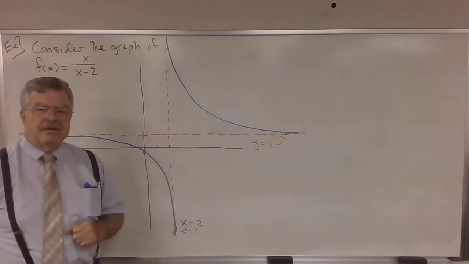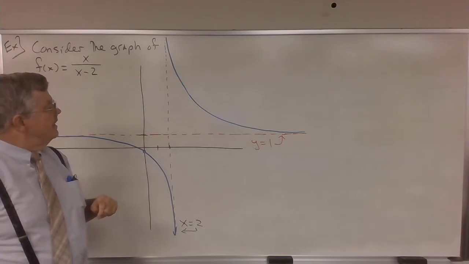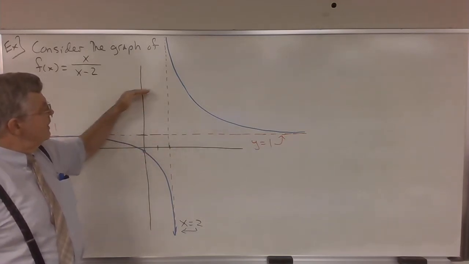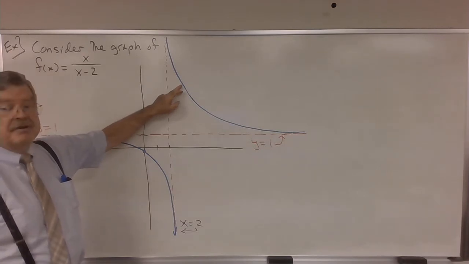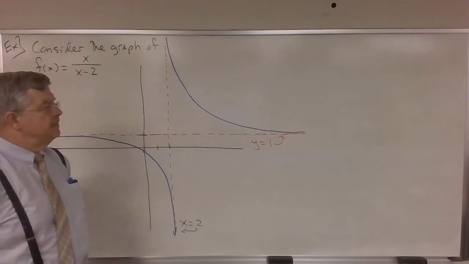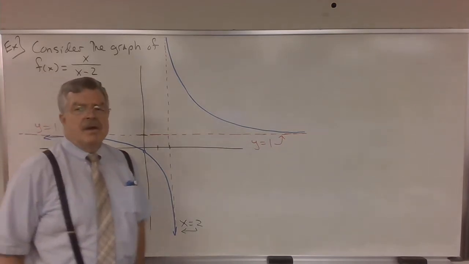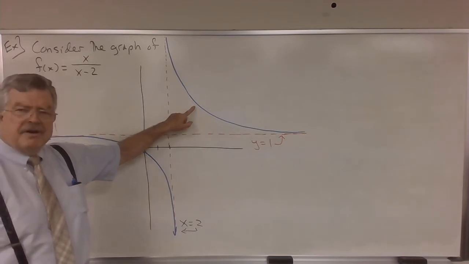The horizontal asymptote is the line y equal 1. And notice right around here, close to the origin, the graph is not necessarily close to the horizontal asymptote. But where is it that the graph of f of x really starts to get close to the horizontal asymptote?